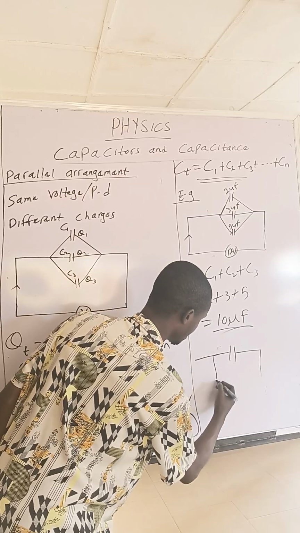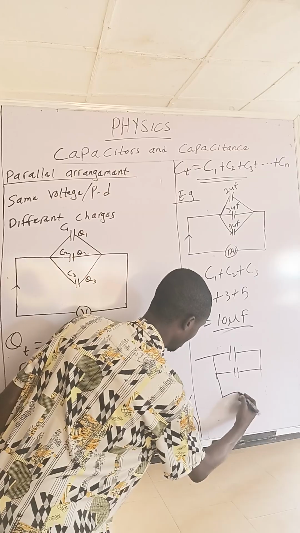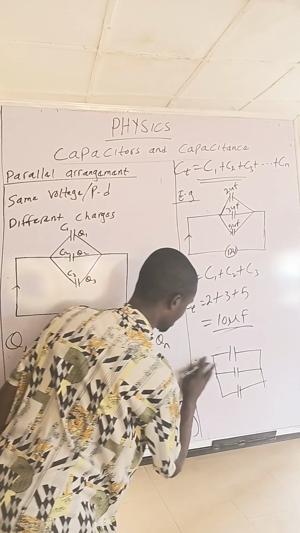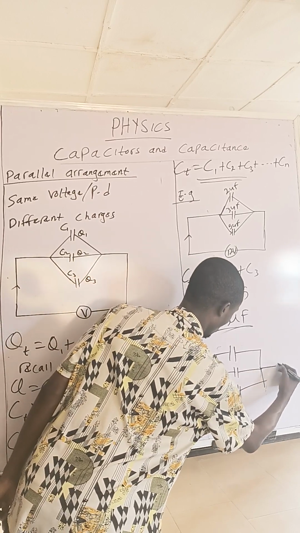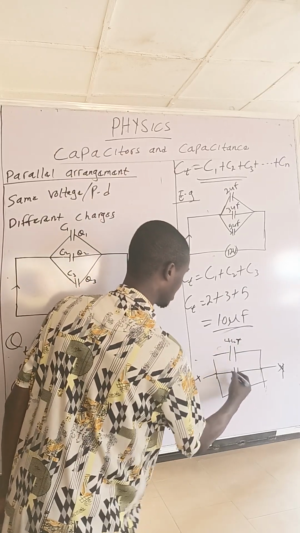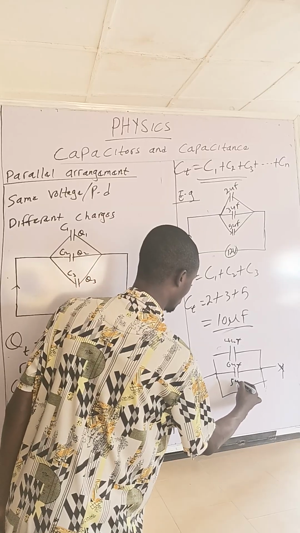If you have something like this, and another one, and another one, like this, with a terminal X here and terminal Y here. You can say this is 4 microfarad, this is 6 microfarad, and this is around 5 microfarad.